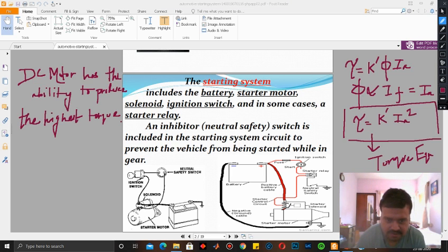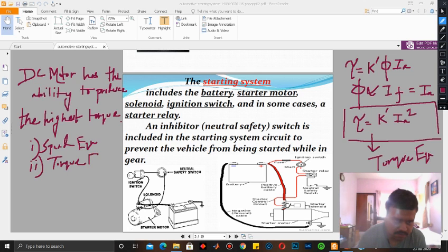One is the speed equation, and the other, number 2, is the torque equation. So these two things are very important points of concern in a DC motor.